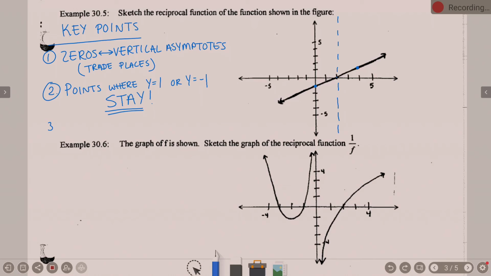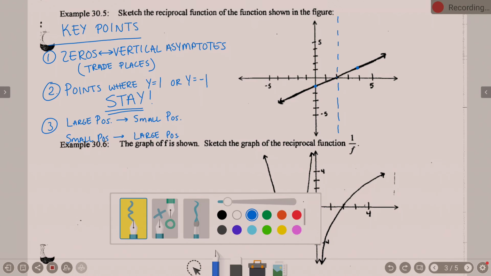And 3, the one that probably hasn't made the most sense yet, but... Okay, so large positive values will become small positive values. Small positive values will become large positive values.